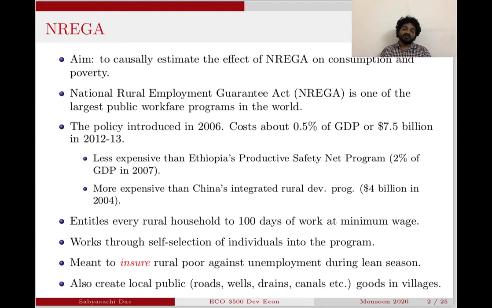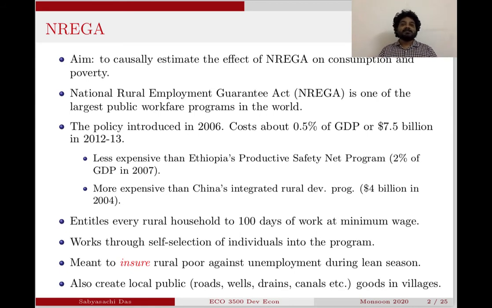What is it doing in terms of its purpose? So the idea is that rural villagers who do not own land work as agricultural laborers in the rural economy. But agriculture is a very seasonal activity, right?